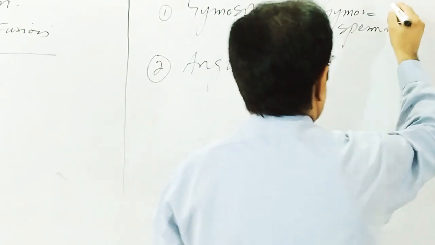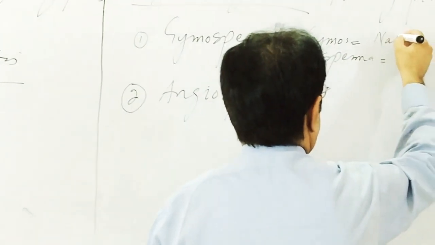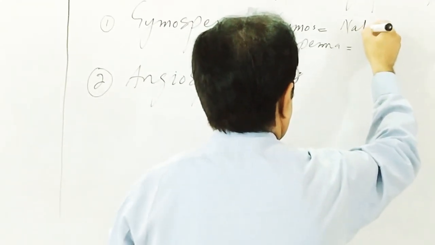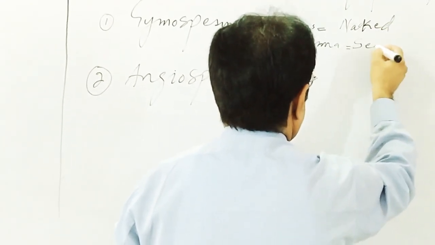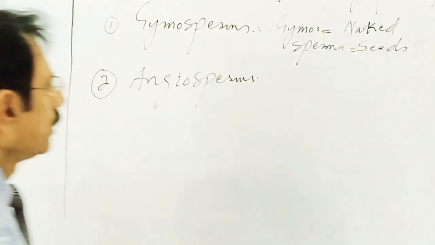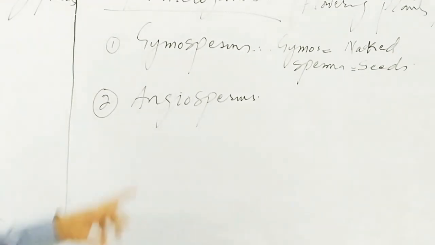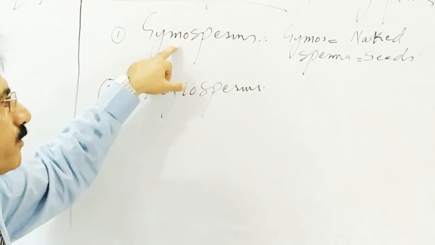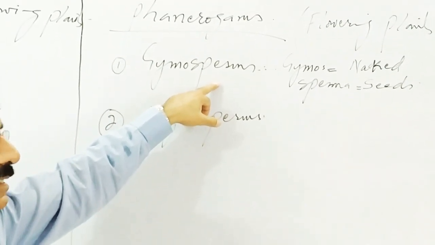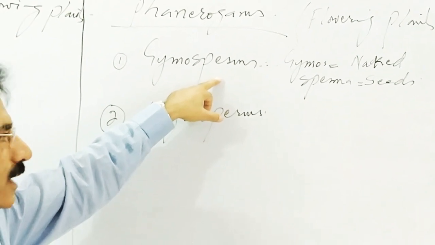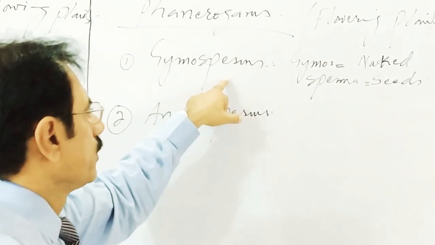Gymno means naked, and sperma means seeds. Gymnosperms have seeds, but they have no fruit, because of the absence of the ovary wall.